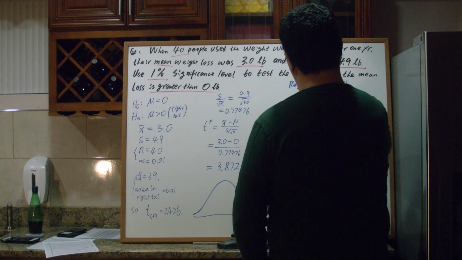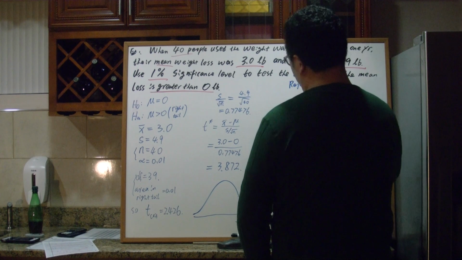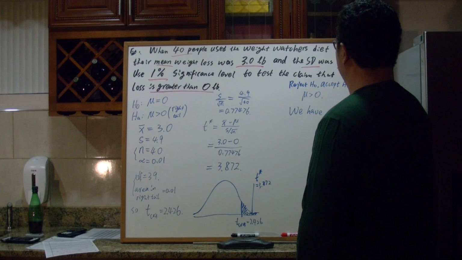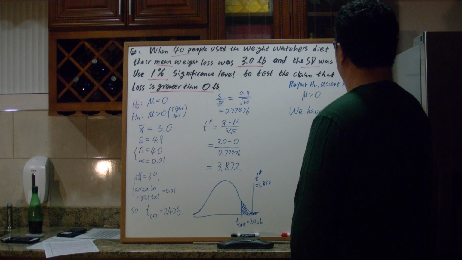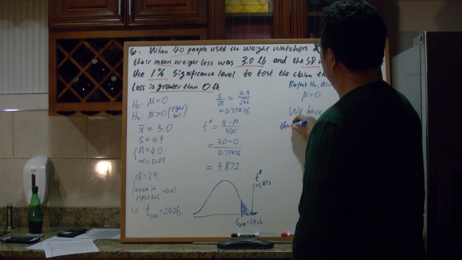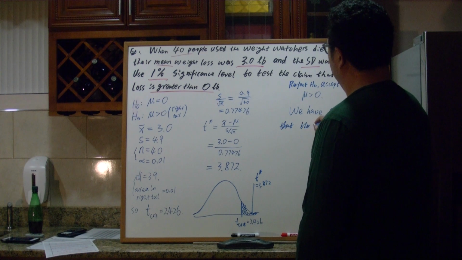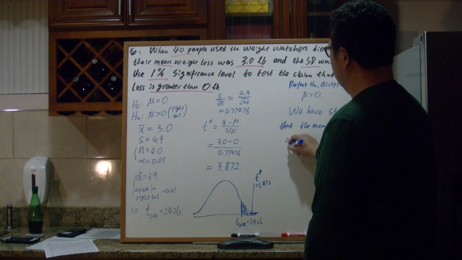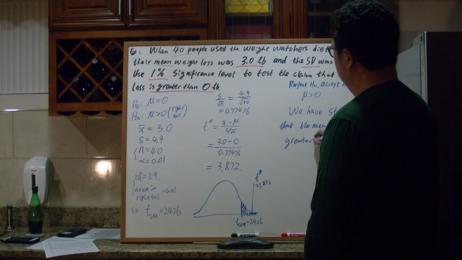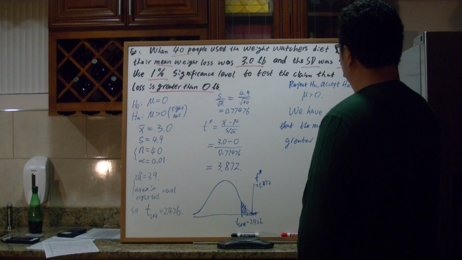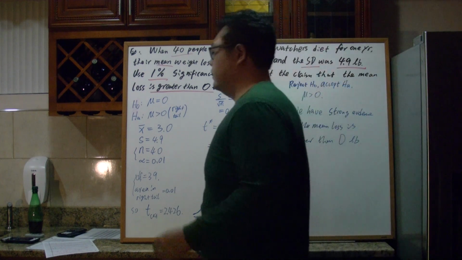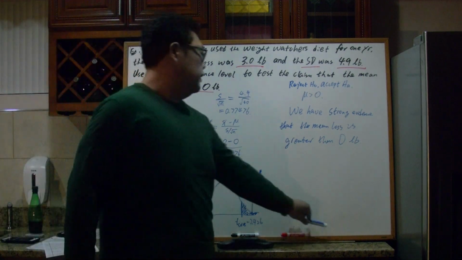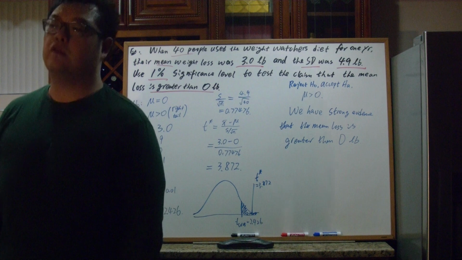So we have, it could be strong, it could be enough, let's say strong evidence that the mean loss is greater than 0 pounds. Now, how effective is it actually? Greater than 0 pounds just means it's useful.